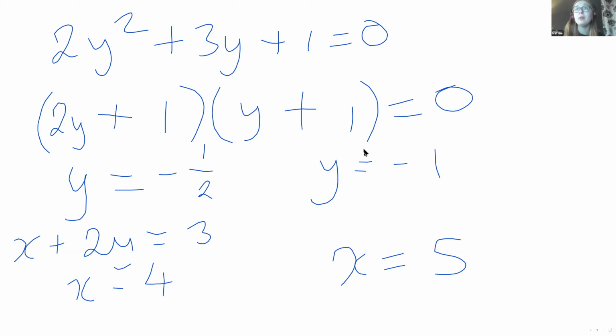Inequalities do not take loads of explanation, but they are also one of those areas that everyone always seems to struggle with. Linear inequalities, for example: if I have 2x minus 3 is less than 7, solve that as if it was an equals.